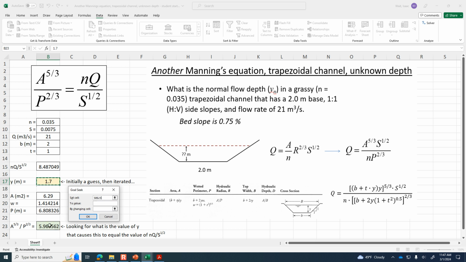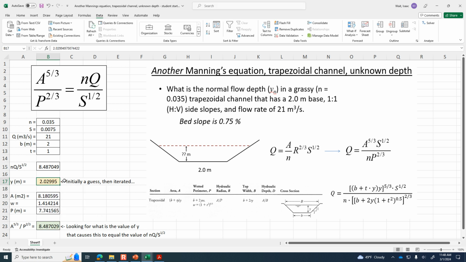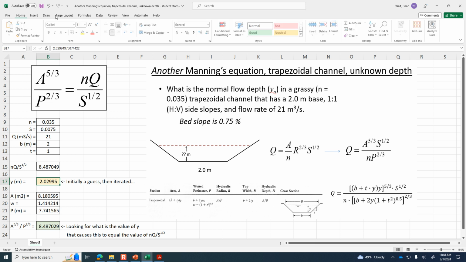My goal is for this cell to be 8.487049, in other words, the value of the right-hand side of the equation, by changing depth. And it finds that the depth is 2.03. 2.03 meters would be the flow depth that gives us that flow rate for the slope, for the grassy channel, and for the one-to-one side slopes as well.